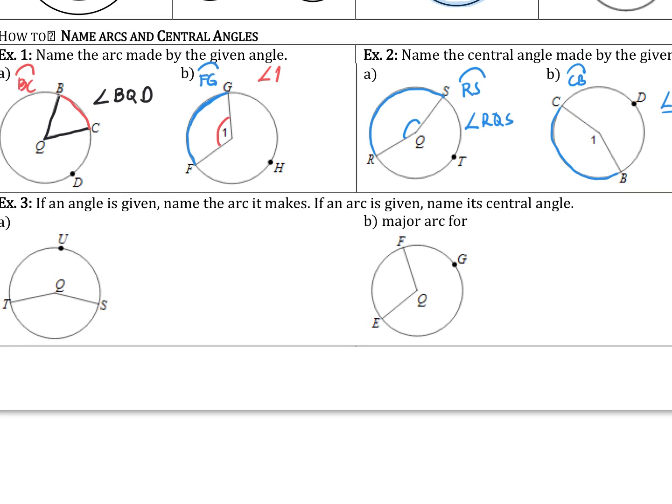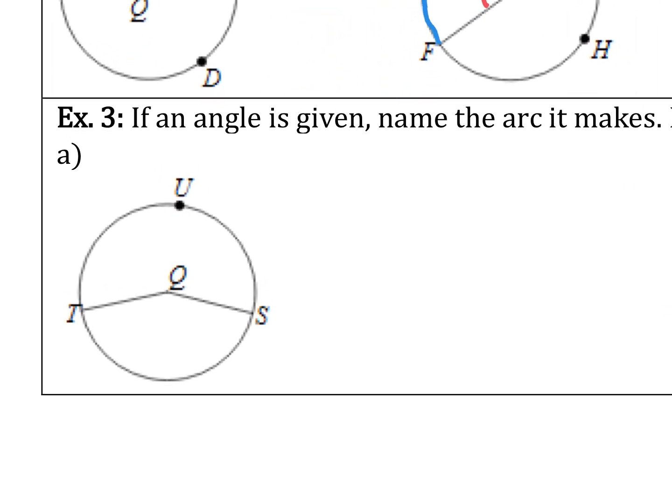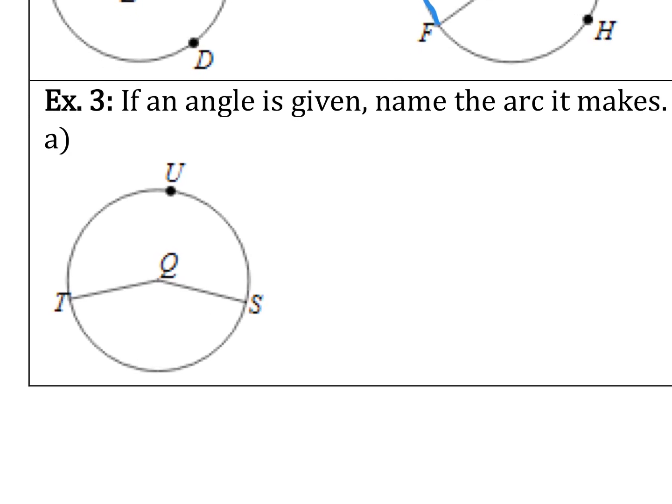Let's go further. If an angle is given, name the arc it makes. If an arc is given, name its central angle. This is very nice. So letter A: if an angle is given, name the arc it makes.